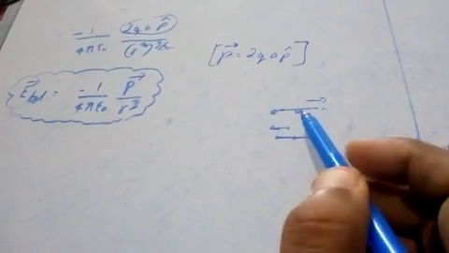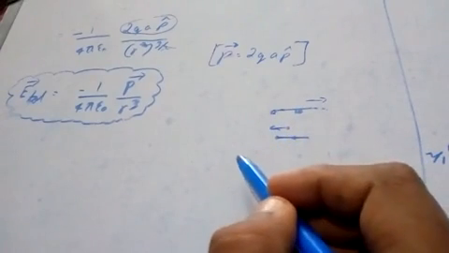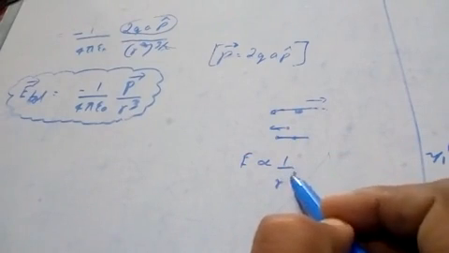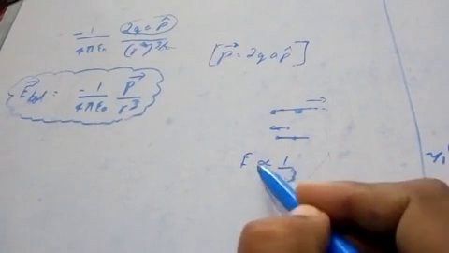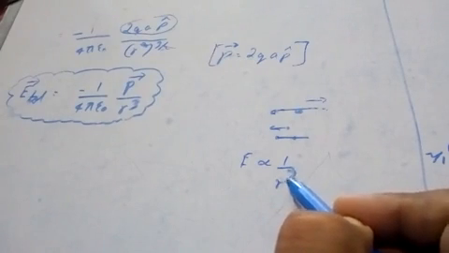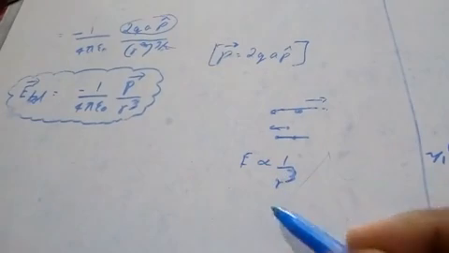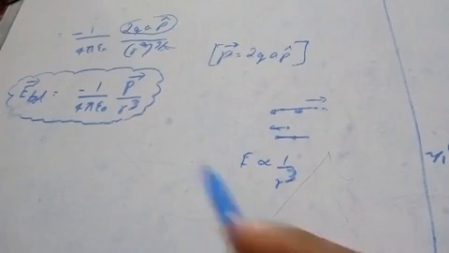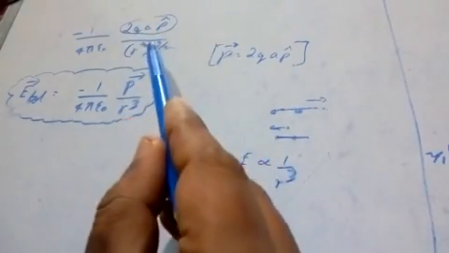Then the second one, the electric field varies as the cube of the distance here. So electric field is inversely proportional to the cube of the distance. As the distance increases, electric field will decrease dramatically. Next one, we have this equation, you can see 2qap.